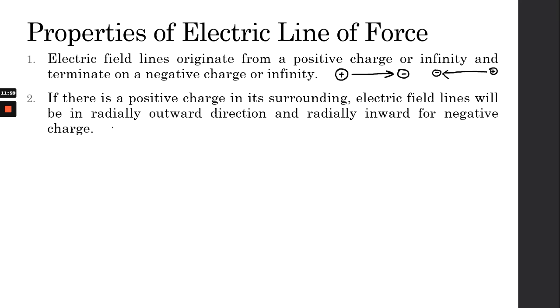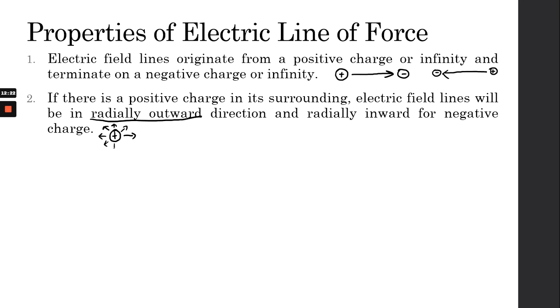So let's say I have a positive charge right here. Radially outward means basically something like this.